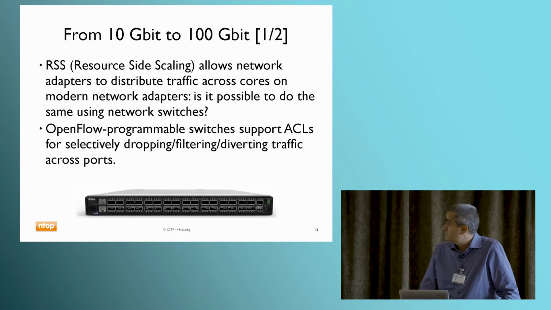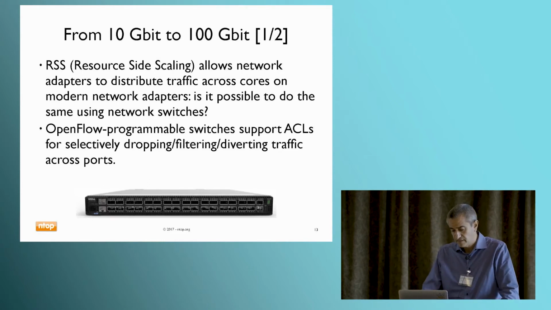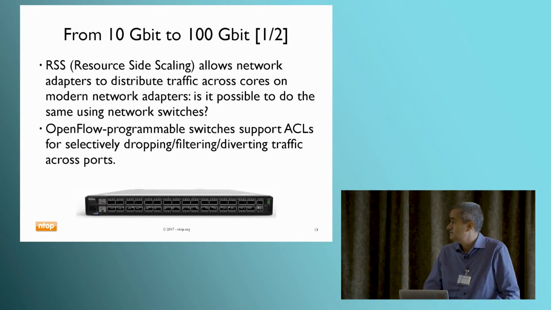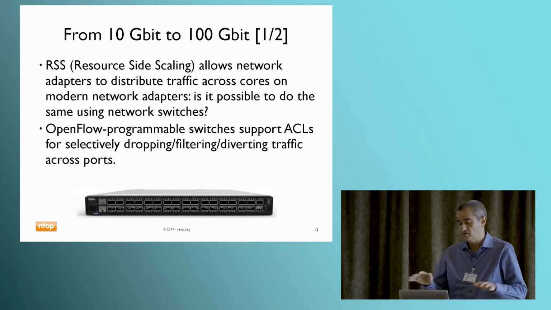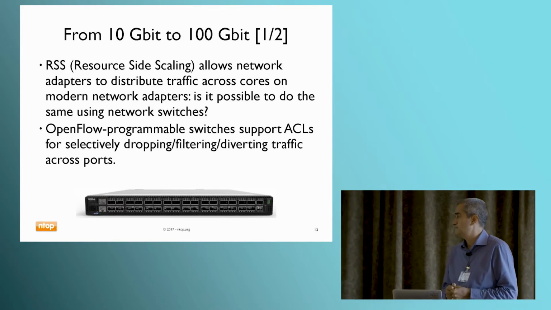When you want to move to 100G, you have various solutions. One solution is, for instance, to scale inside the server. In essence, using this technique called RSS, you can distribute the traffic across the CPU cores, split the load across cores, and maximize the performance of your system.